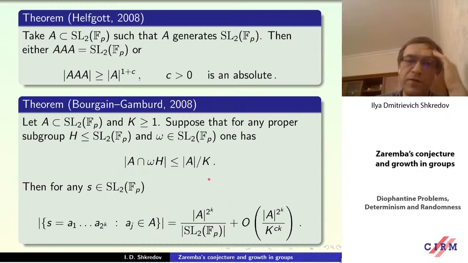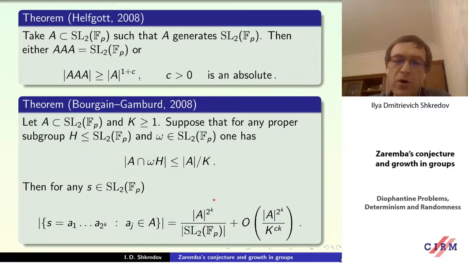So if so, then actually we will see the uniform distribution: the number of representations of any s as a product of elements of A. Of course, by Helfgott's result, we know that A generates SL2 of Fp, and in a very fast way, because we have exponential growth.